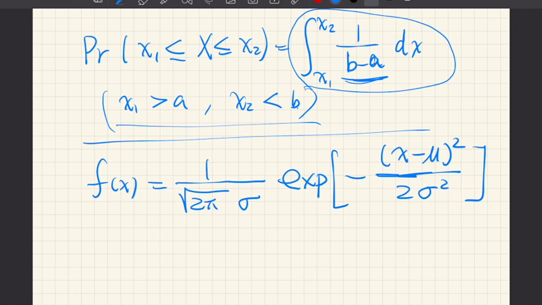Every year I stress this. I tell students to remember this, but many people don't, unfortunately, and they fail. Anyway, so this mu is a constant, any real number, and this sigma is also a constant, but it's a positive constant.